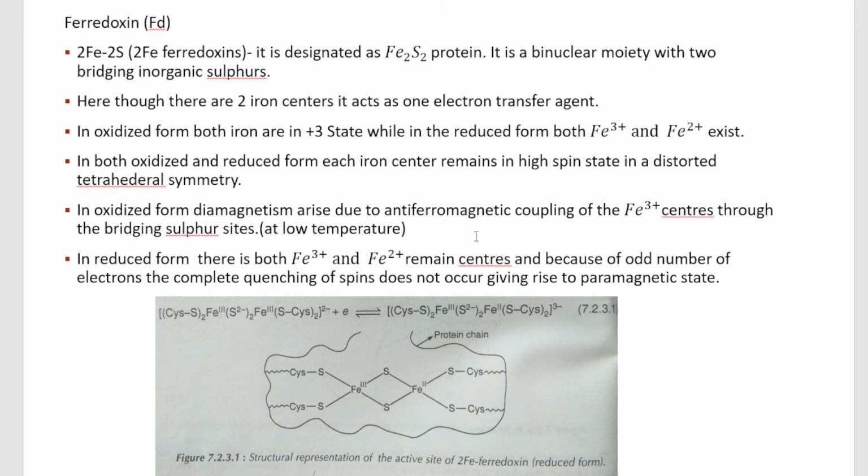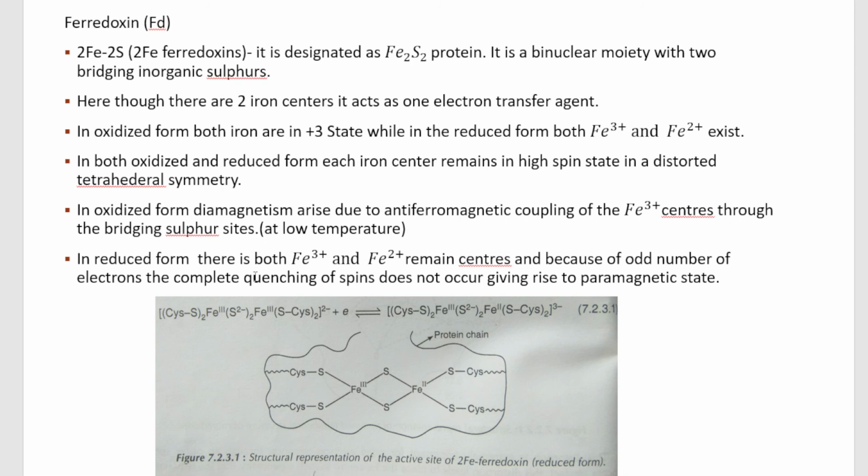So quenching of the spin takes place, because of which there is diamagnetism. That is, there is no attraction towards a magnetic field, due to antiferromagnetic coupling interaction between the two Fe3 centers with the bridging sulfur sites. Because of these two centers interacting with the sulfur sites, there is diamagnetism.